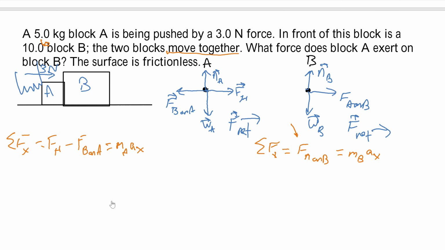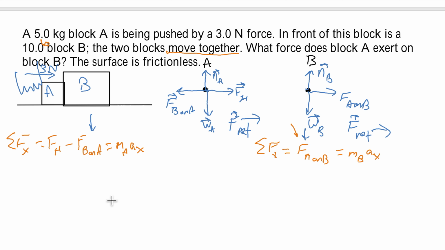I know that this guy and this guy are equal because those are equal and opposite, Newton's third law. Those are action-reaction pairs, and when we have an action-reaction pair, they are equal in magnitude, opposite in direction.